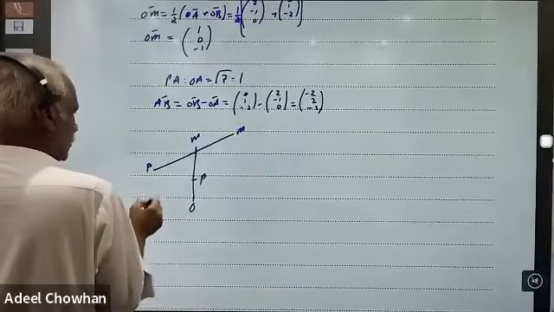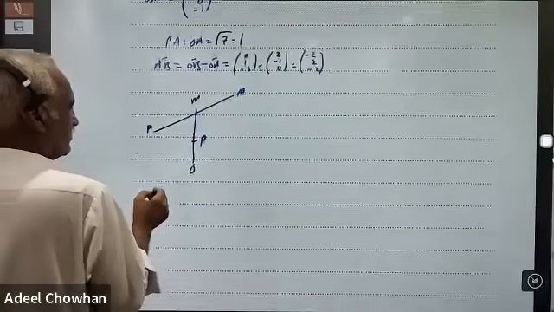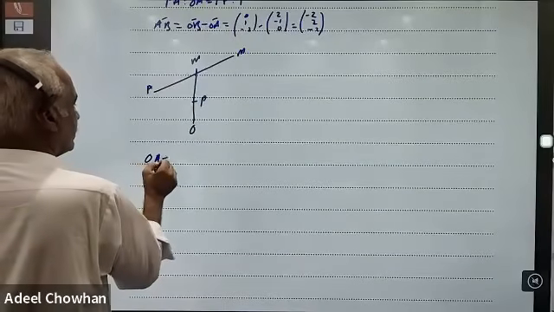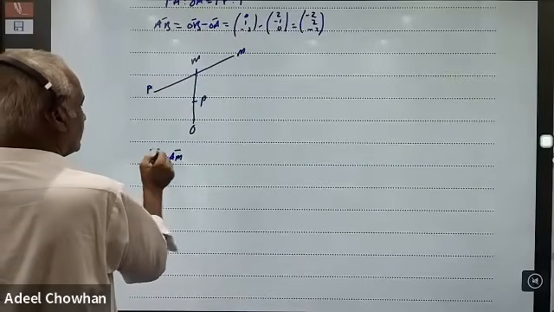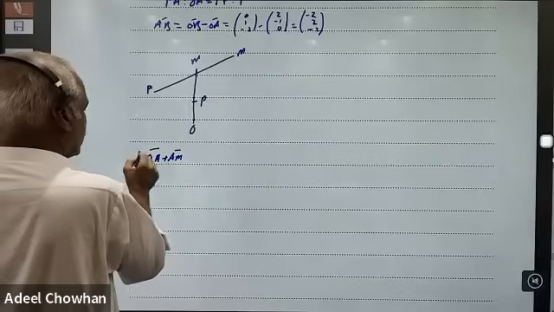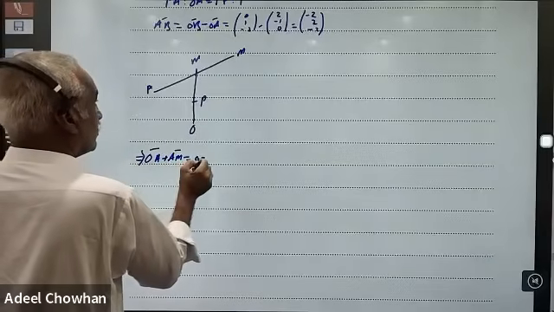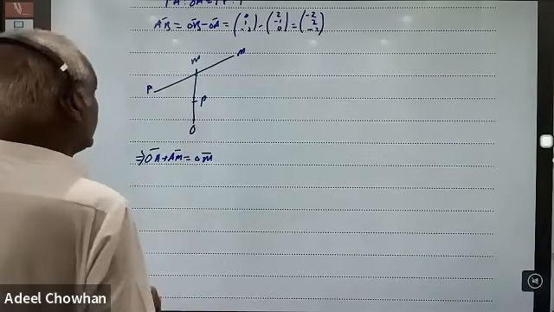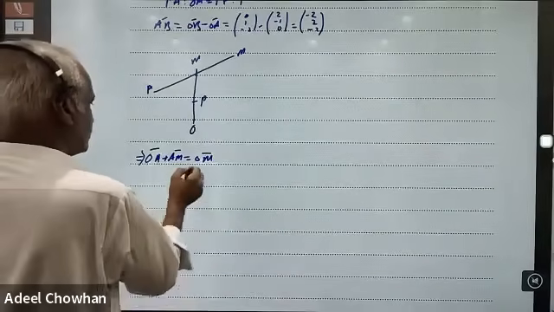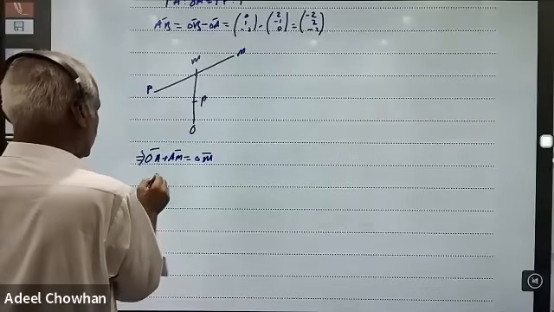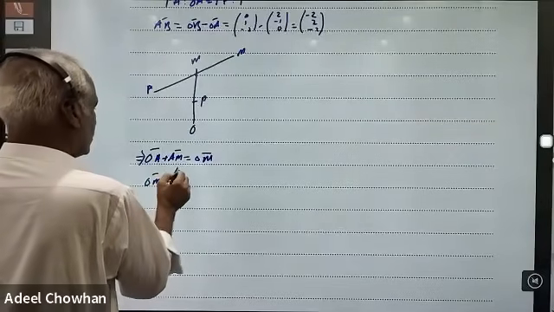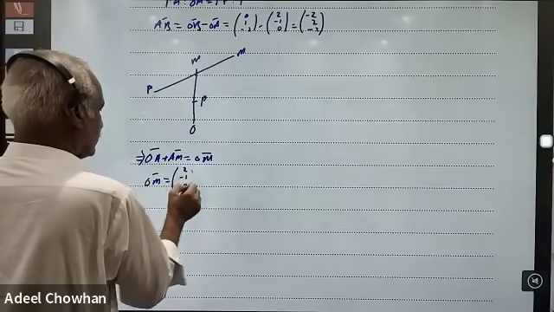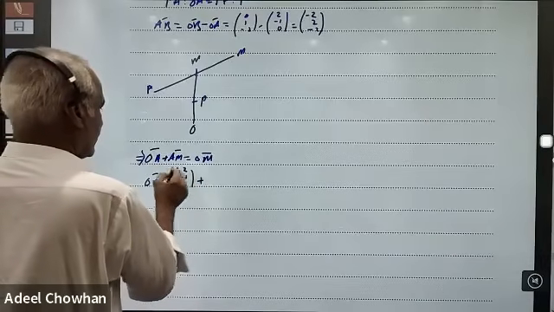So OA plus AM is basically equal to OM. OA we already know, so OM is equal to OA, which is (2, -1, 0), plus AM.